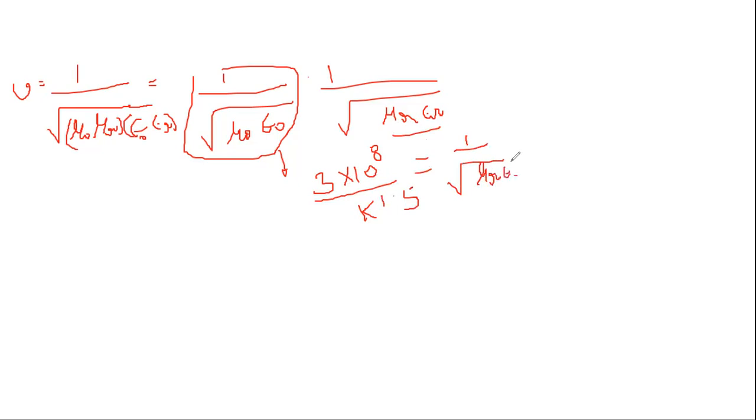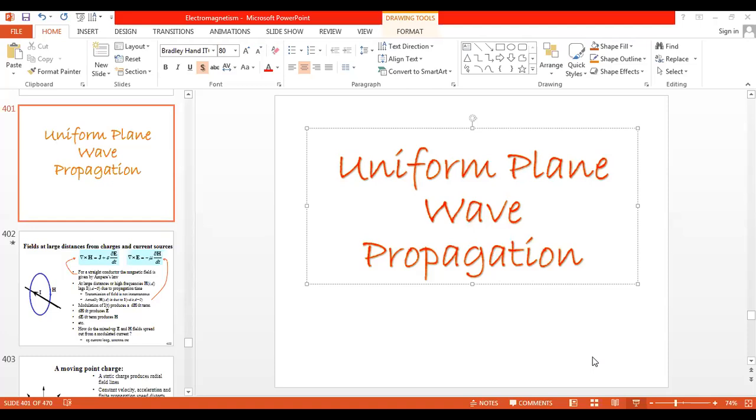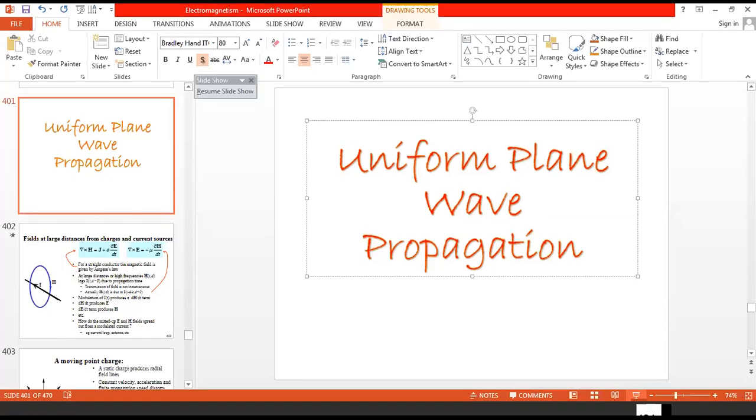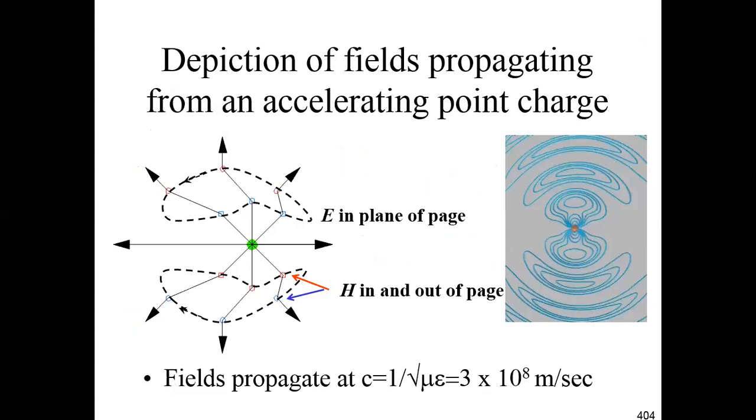But the point is, in any medium apart from vacuum or free space, the velocity of the EM wave is maximum in free space, which is equal to the velocity of light. If the medium is any general medium other than free space, whose permeability and permittivity are mu and epsilon, then the velocity will reduce, but be careful: it will not reduce by mu r epsilon r, rather it will reduce by the square root of mu r epsilon r.